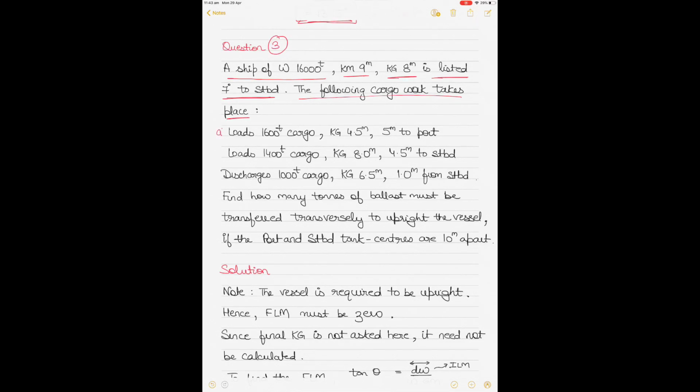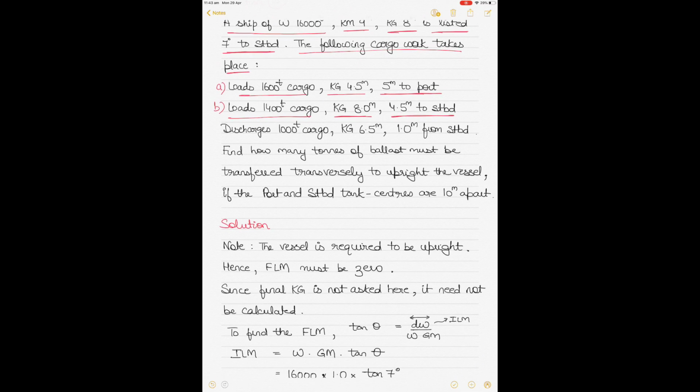First, the vessel loads 1600 tons of cargo at a KG of 4.5, 5 meters to port. The vessel also loads 1400 tons of cargo, KG of 8 meters, 4.5 meters to starboard. The vessel also discharges 1000 tons of cargo, KG 6.5 meters, from 1 meter to starboard.